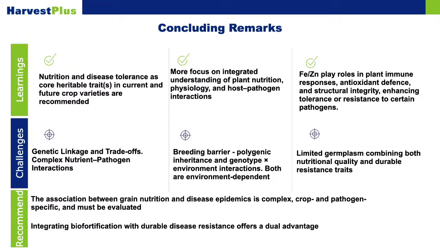Next are the barriers. The environment is always critical, but we now have modeling and genomic tools available, so we are far better placed to handle those challenges. And finally, only limited germplasm has been screened. I cannot say it is available.